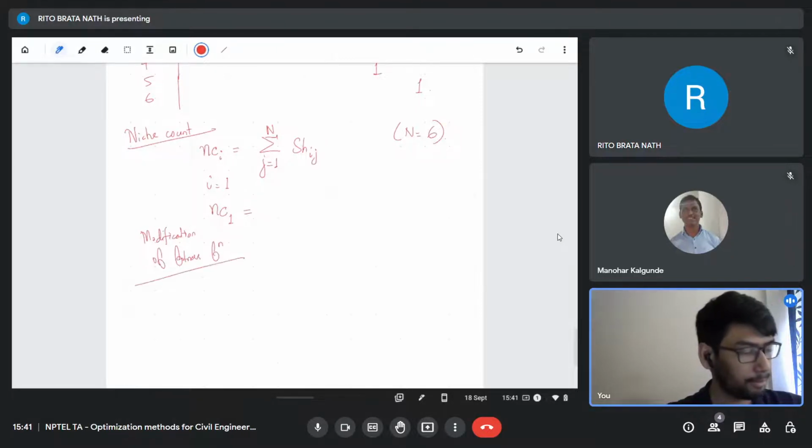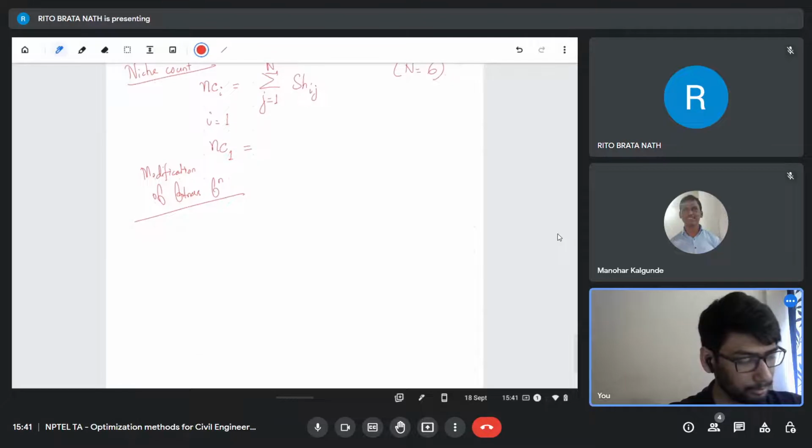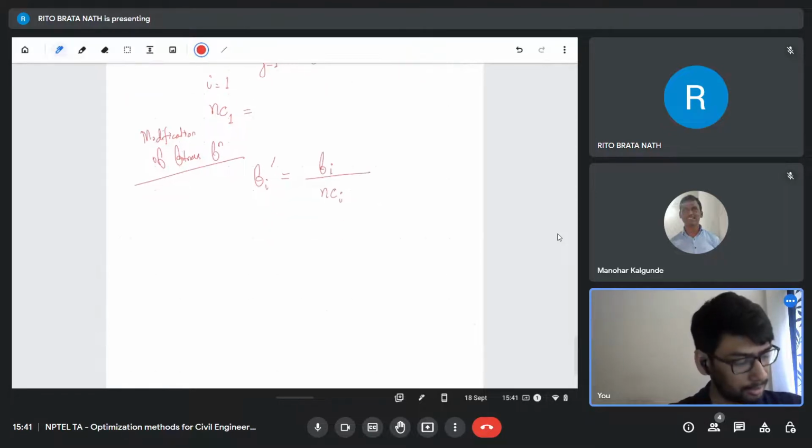So this is nothing but your niche count, sorry, the fitness function of the ith point will be the previous one divided by this niche count. Let me calculate it for the first one. This is f1 of 1 prime, or you could have written it as capital F as well, since I was using capital F for the fitness function and small f for the function itself.